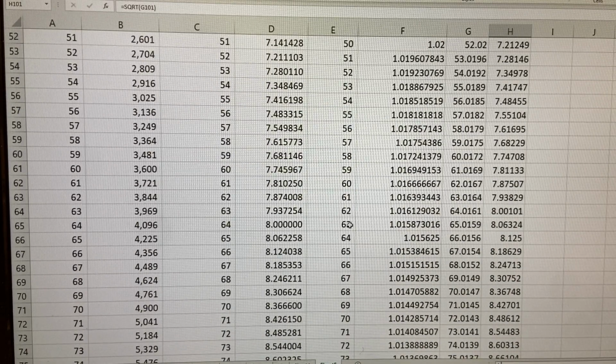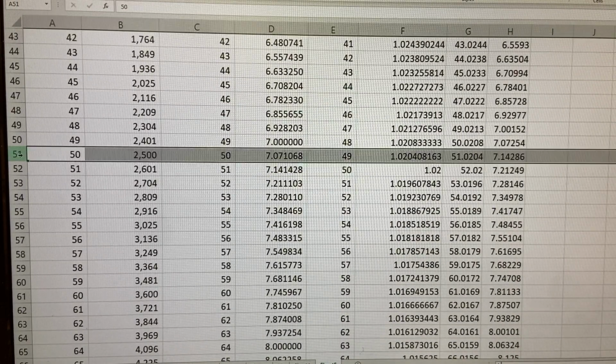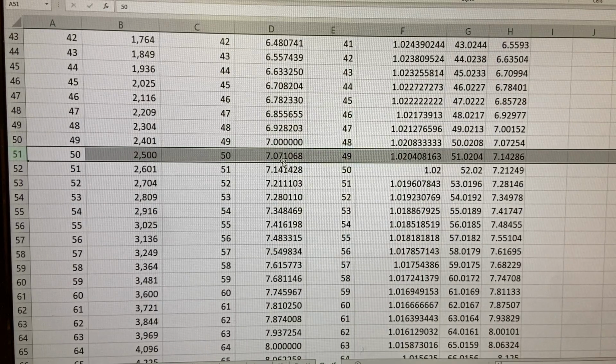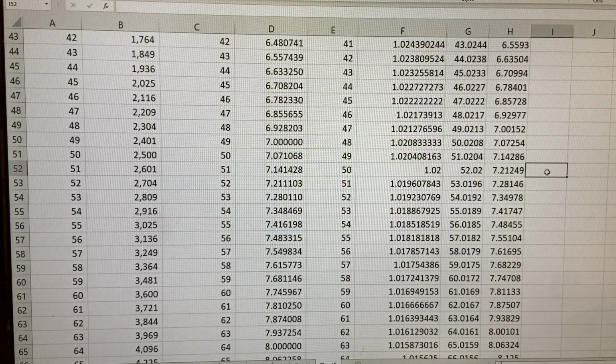So that's why really under 50 here is 7.14, 7.07. If you have less than 50 samples or less than 50 elements to a set that make the whole population, Bessel's correction is really not making much of a difference.